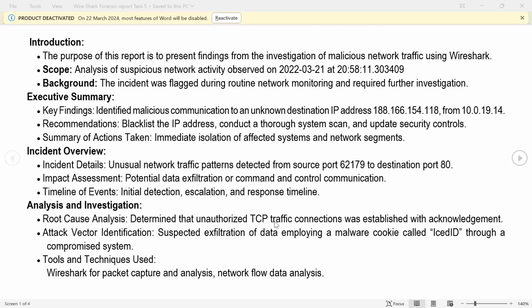There is a suspected exfiltration of data employing a malware cookie called IcedID through a compromised system. Hopefully, we're going to see that in the future slides. And he identified the tools and techniques that he used: Wireshark for packet capture and analysis, and network flow data analysis.